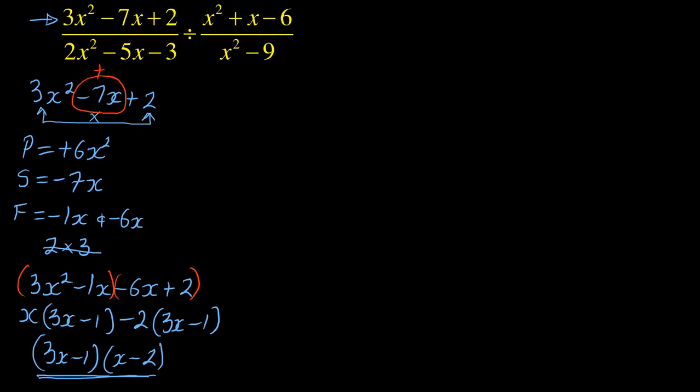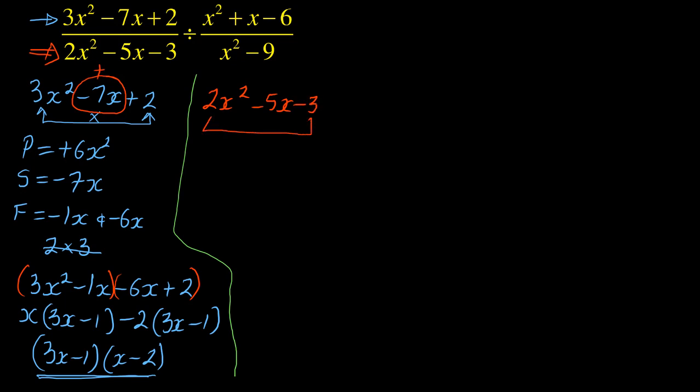Now let us look at the other parts in this case. The next one that I'm going to simplify is the denominator of this fraction, which is that one. For me to simplify that, I have again 2x squared, minus 5x minus 3, using the product sum method. Multiplying the first and the last gives the product.